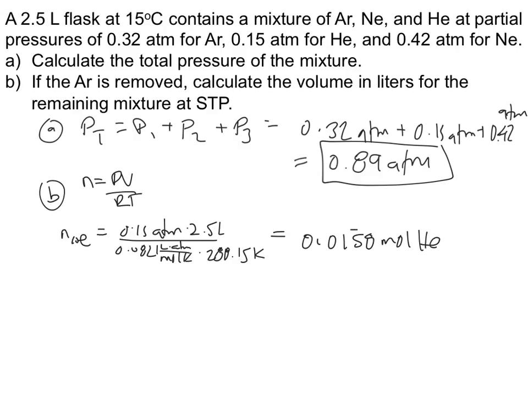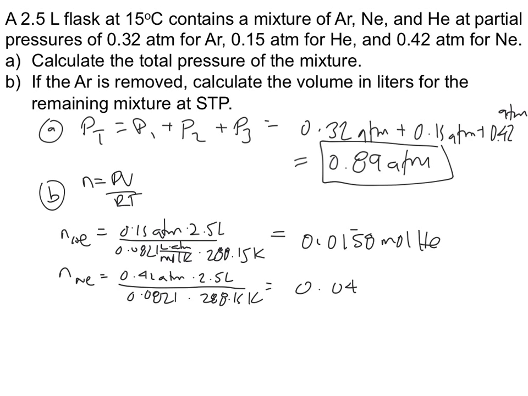We're going to do the same thing for our neon, and this is going to give us the following value for our neon. So now we have the number of moles in that container at that temperature for each of the gases that are originally there.